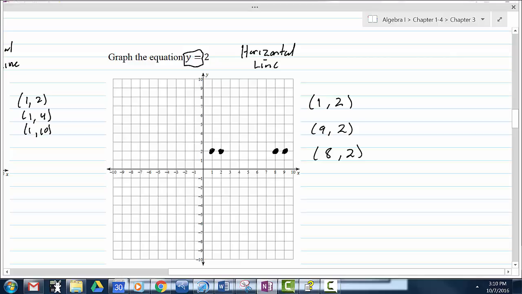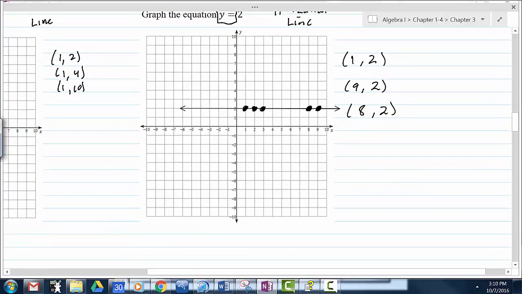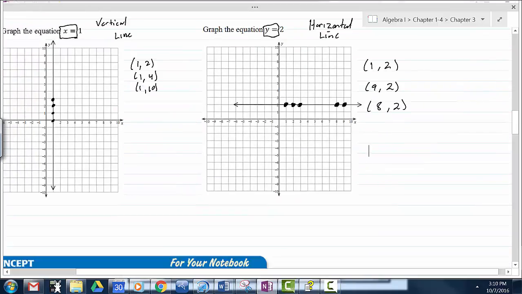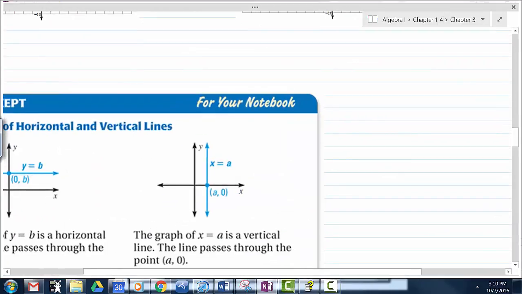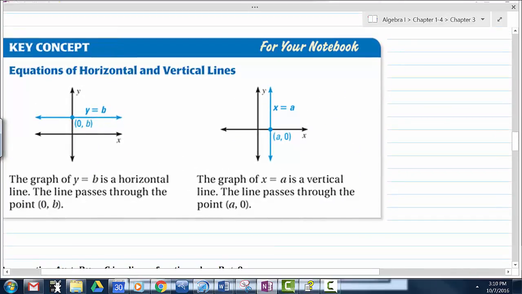As long as my y coordinate is 2, then we all know what kind of line that's going to make. A horizontal line, right? So, alright, we dealt with graphing things like that. I should show you this graphing now. Horizontal lines, vertical lines. When you have y equals, horizontal. X equals, vertical.